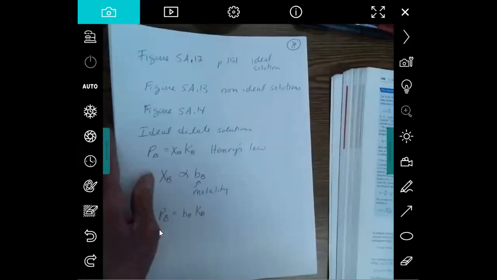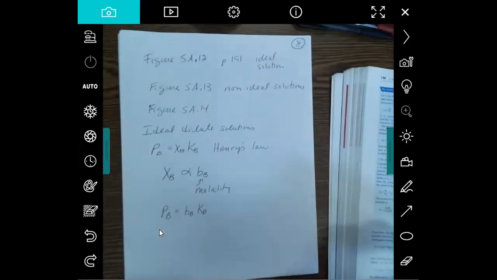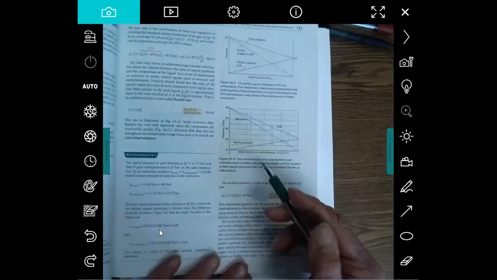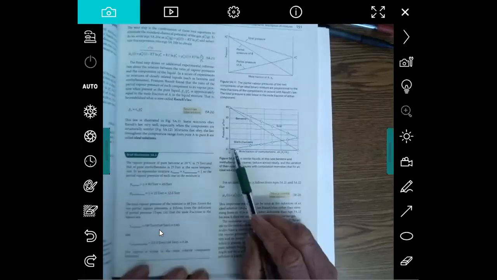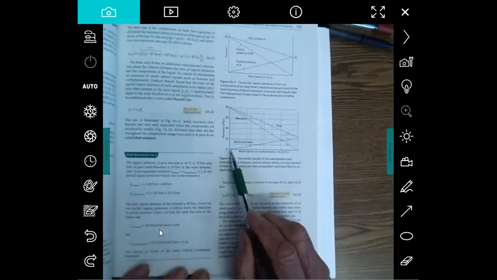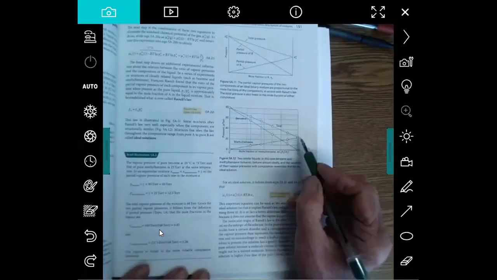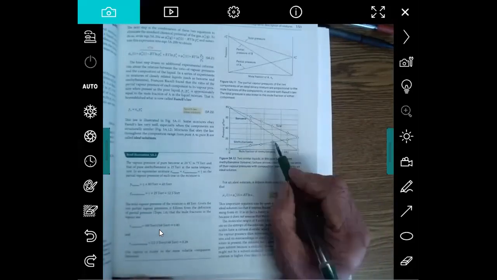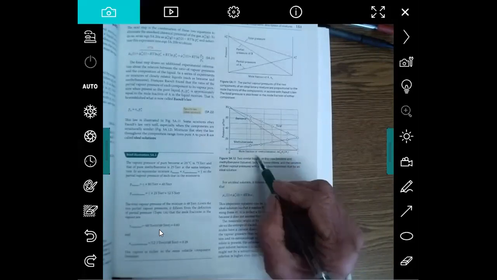So let's just think about this idea of an ideal solution. What Raoult's law is really saying is that it's linear. If you have methylbenzene, when you have 0 methylbenzene, it creates 0 pressure. When you have pure methylbenzene over on this axis, it's at its vapor pressure, but it's just going to change in a linear fashion as a function of its mole fraction.